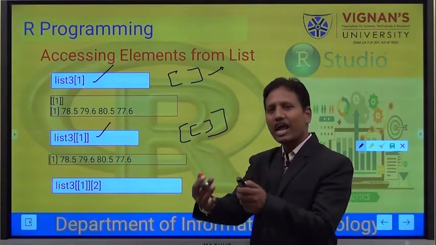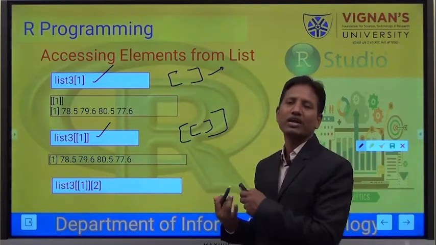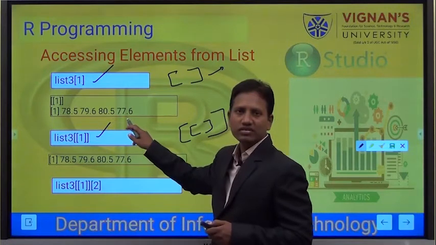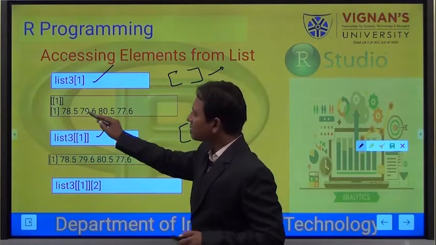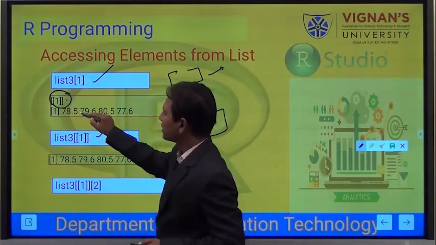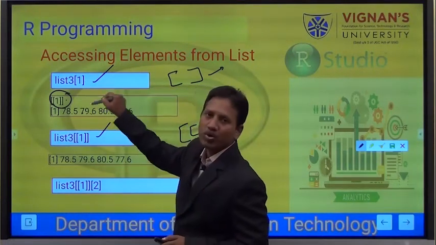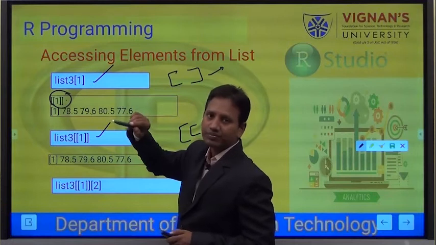We are grabbing it out from that list. Here it has not come out of that list because it is under this double bracket 1, this value. In the sense, this is the list item 1 under list 3.